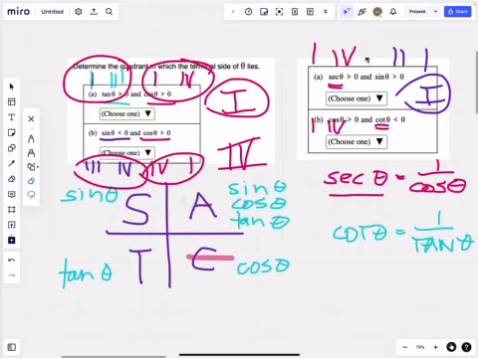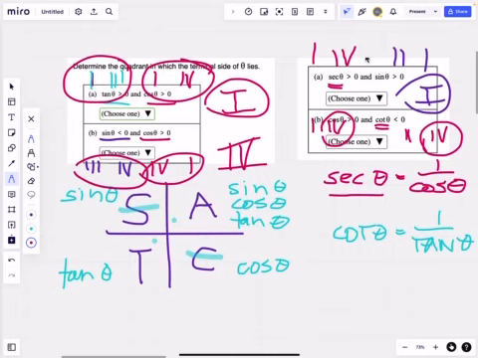Tangent is positive in 1 and 3, so tangent would be negative in 2 and 4. All right, and so of those quadrants, we can see that it's going to happen in quadrant 4.